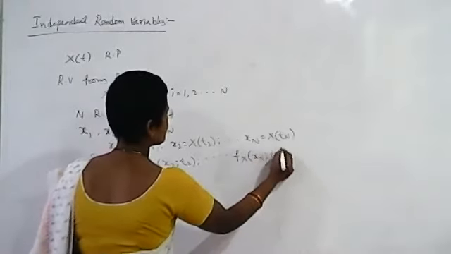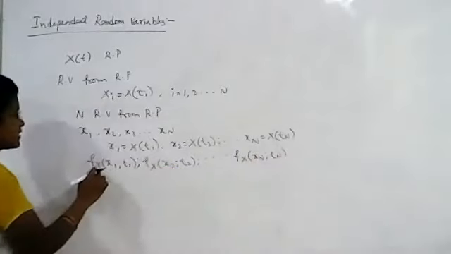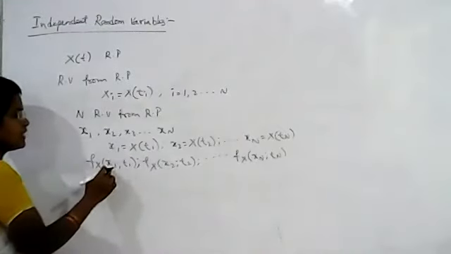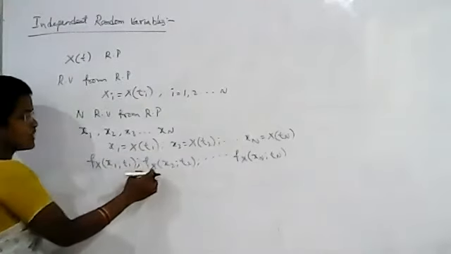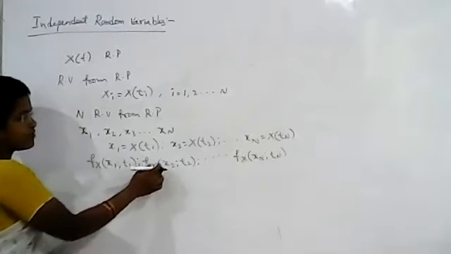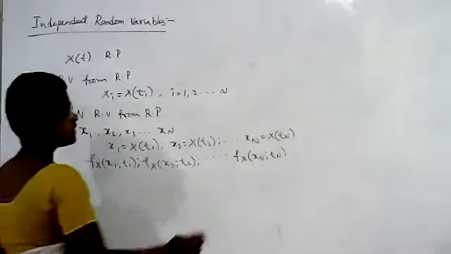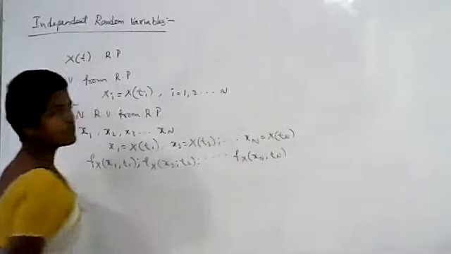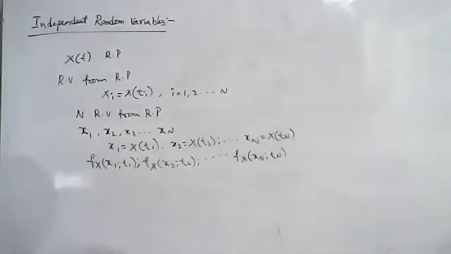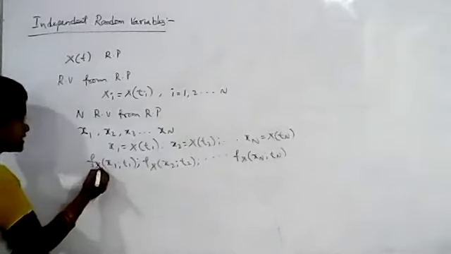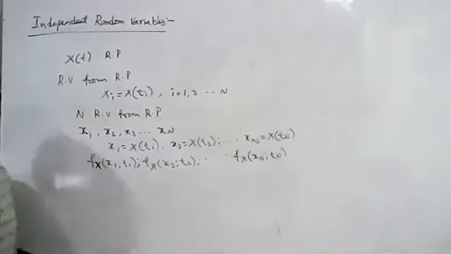So X1 has fX(x1, t1), X2 has the density function fX(x2, t2), then Xn has the density function fX(xn, tn). All these random variables we are getting from one random process. That is why we are using only X here. What does this X indicate? We are getting them from one random process X.